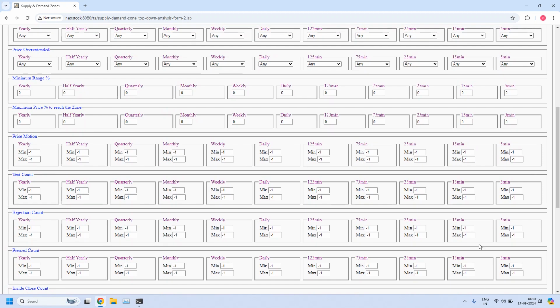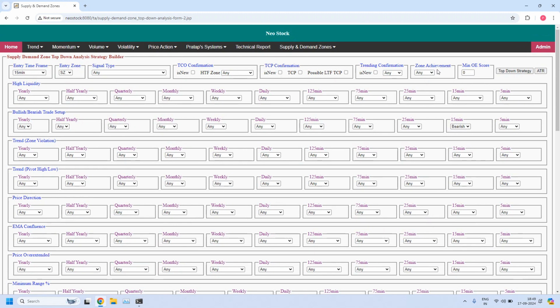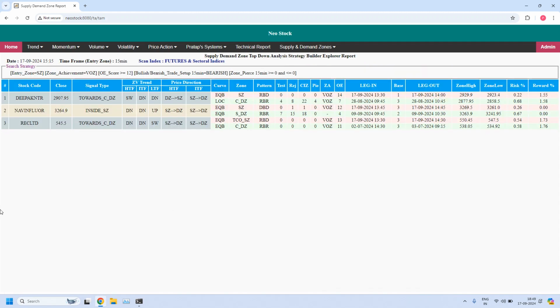So in the pierced count, 15 minute time frame, I am setting minimum value 0, maximum value 0. And zone achievement should be violated opposing zone. Minimum order enhancer score should be 12. All the 3 filters are applied to the 15 minute supply zone. Now let's verify. 3 stocks are filtered. All these 3 stocks are currently supporting the bearish trade setup for daily income trade.